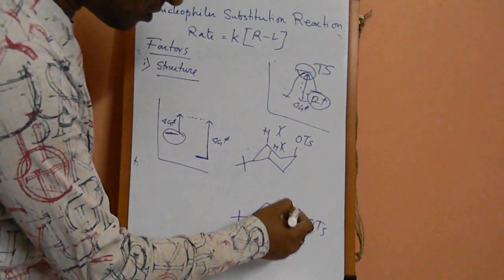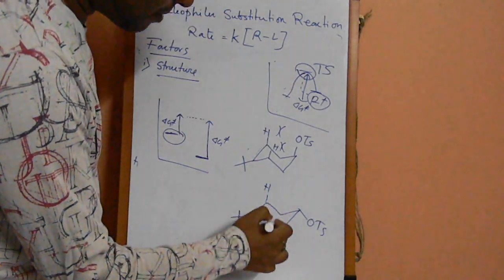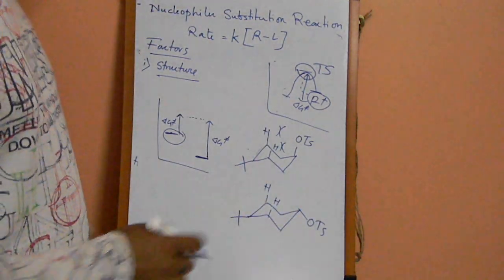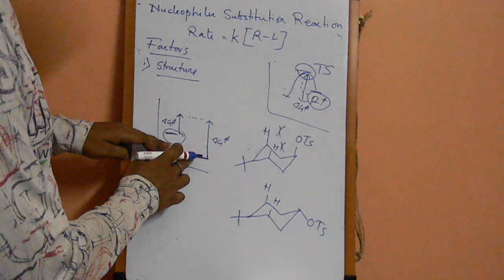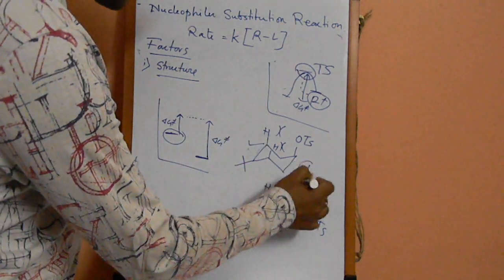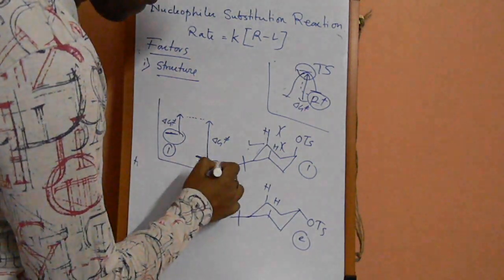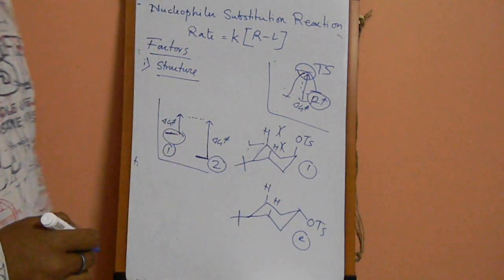But because this OTS is in the equatorial position, it will not have any steric crowding. So energetically, if you consider this one, this molecule will be like this. If you say 1, this is 1, and if it is 2, this is 2.